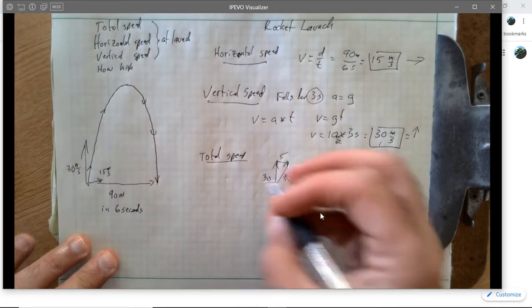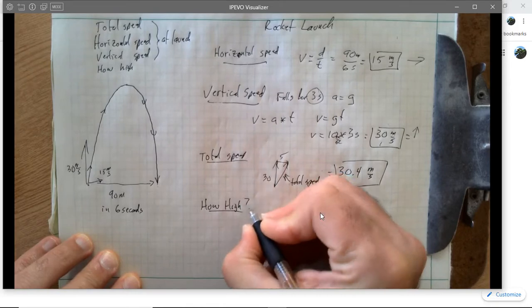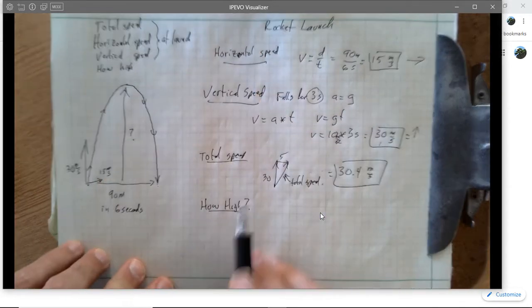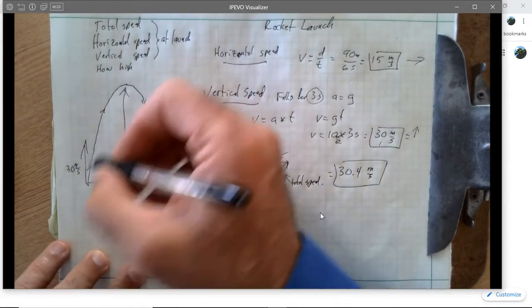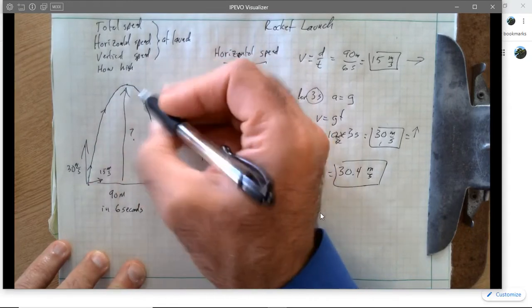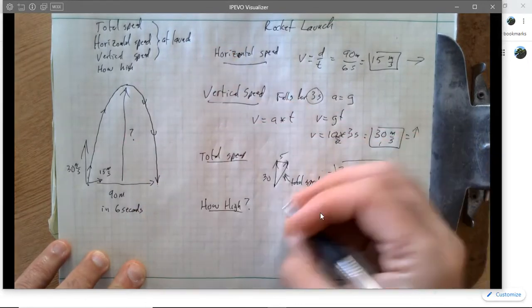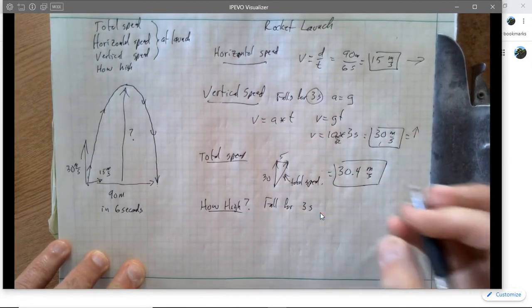Now, finally, we have the how high question. How high did it go? This distance here. For this one, we use the same mental trick that we did for the vertical speed. We recognize that it spent half the time going up and half the time coming down. So it was falling for 3 seconds.